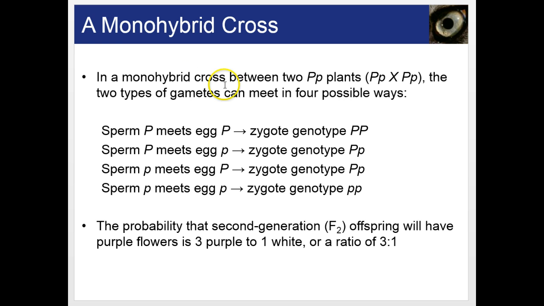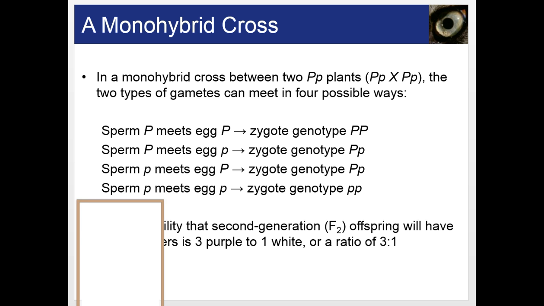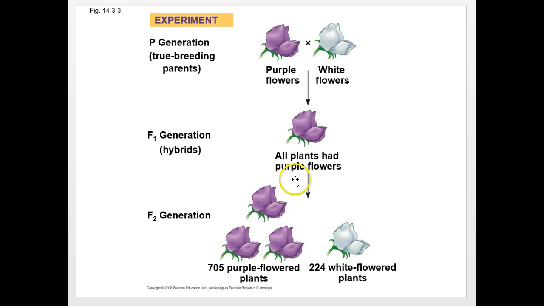So let's say we have a monohybrid cross that we're doing, and we have two big P little p plants. So for instance, if I go back here, we know that in the F1 generation, these are big P little p because we crossed big P big P with little p little p. So we know all of our F1 generation is big P little p. So let's say we take two of these plants and cross them.